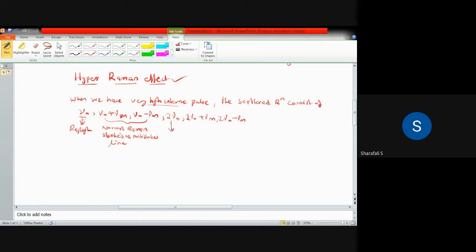And this is 2ν0. This 2ν0 is the hyper-Rayleigh scattering, and these two are the hyper-Raman Stokes and anti-Stokes lines.